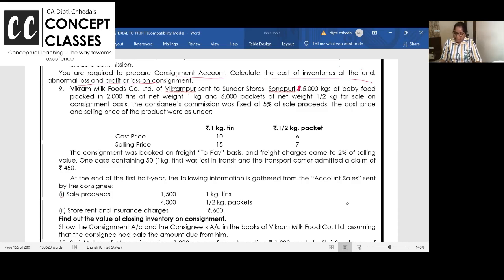This is not the rupees sign here. क्या क्या भेजे? Baby food and tins. Consignee's commission was fixed at 5%. Cost price was given to you and selling price is also given.